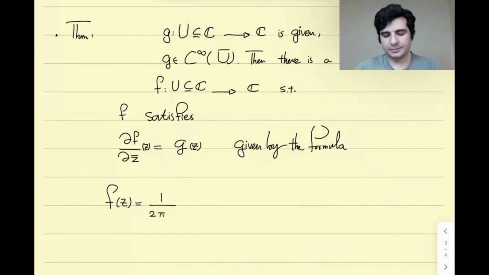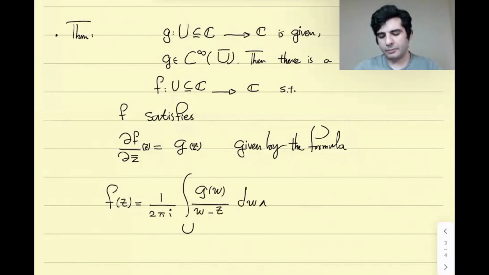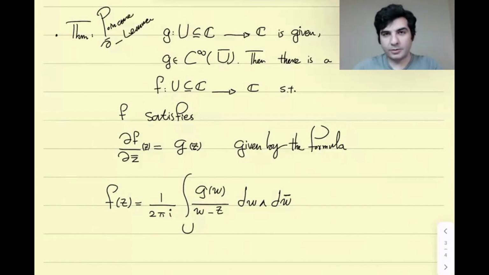So we learned the integral is the integral over U of g of w divided by w minus z, dw wedge dw bar, up to a constant, 1 over 2 pi i. Right, so this is the theorem, and this is called Poincare dbar Lemma.